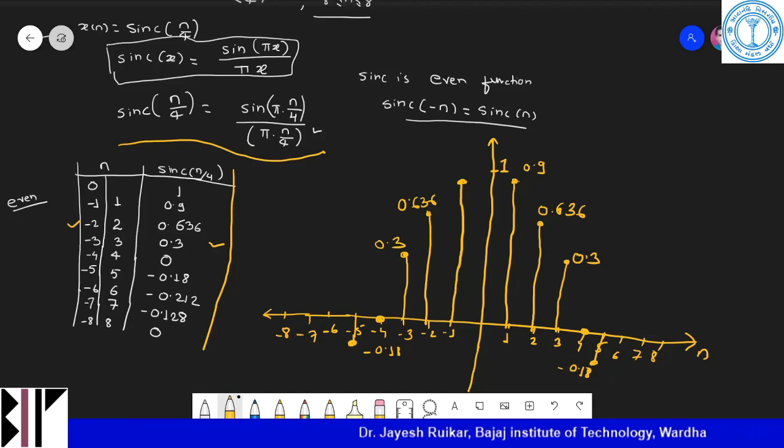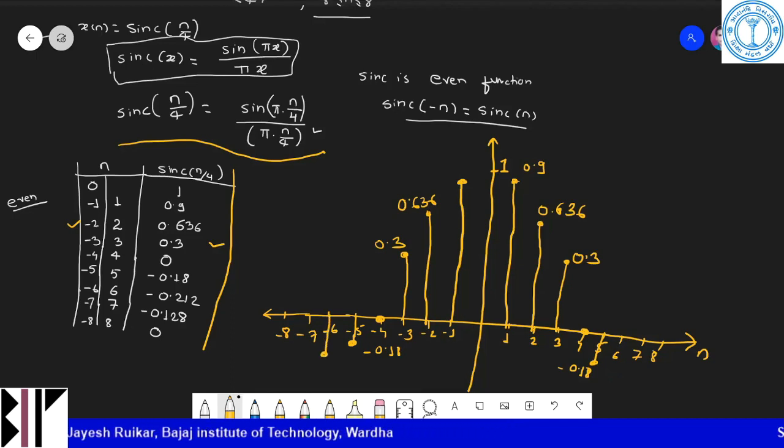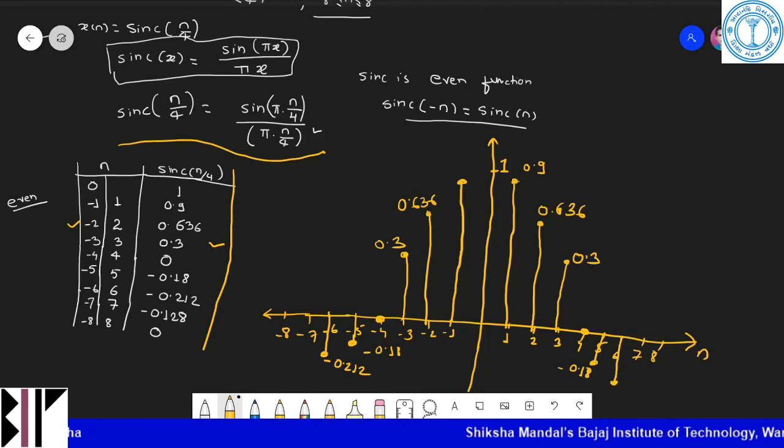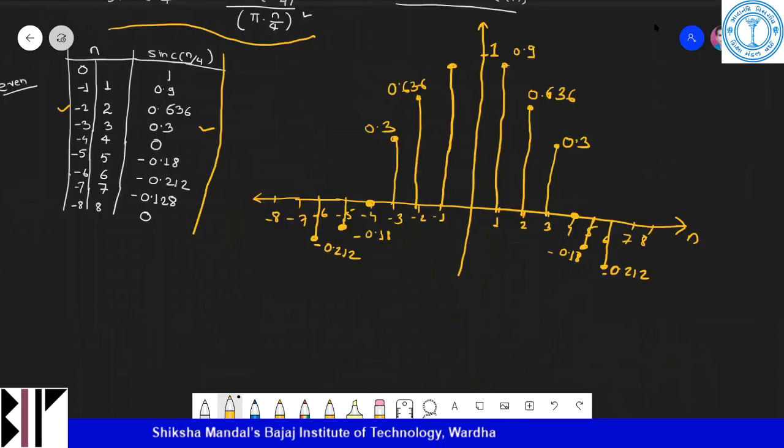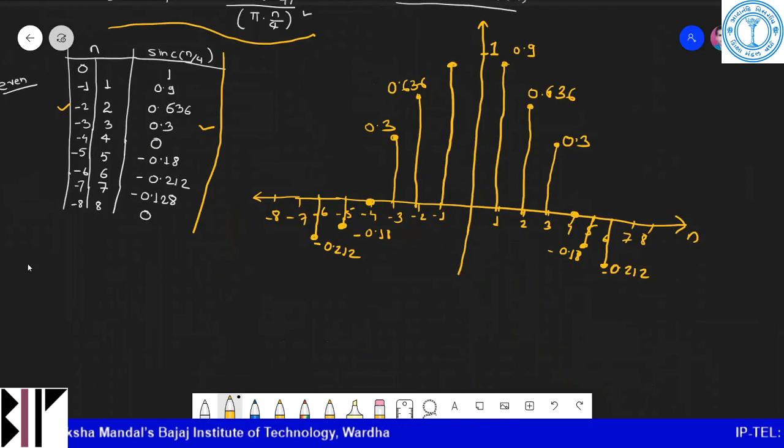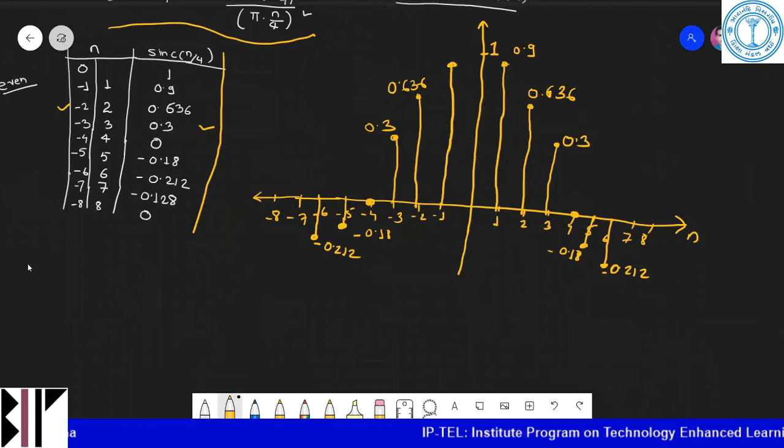At minus or positive 6, we have minus 0.212. So just more than this, this is minus 0.212, and at positive 6, it is just more than minus 0.212. For minus 7, it is again smaller.